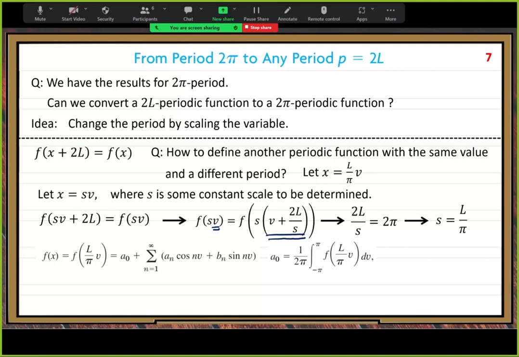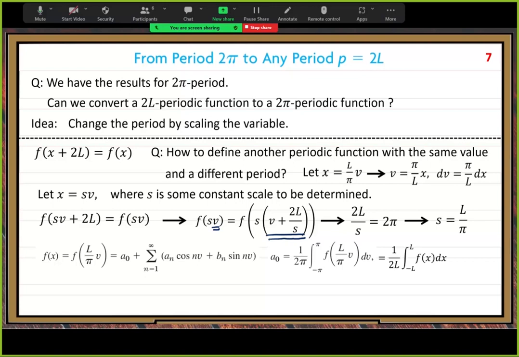To do that, let x equal L over pi times v. We let x be that. So in this integral of f of x, you use this v. So v equals pi over L times x, and dv equals pi over L times dx.